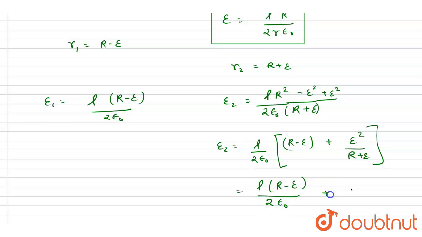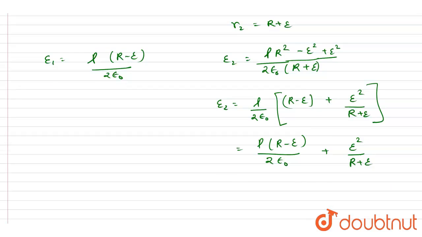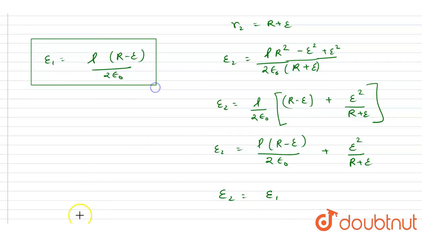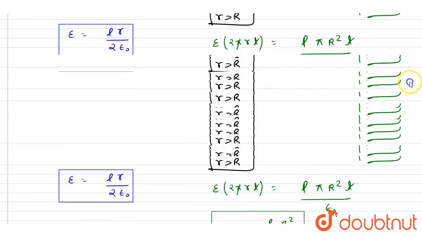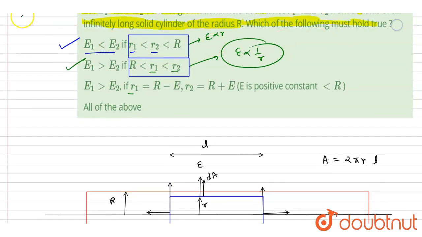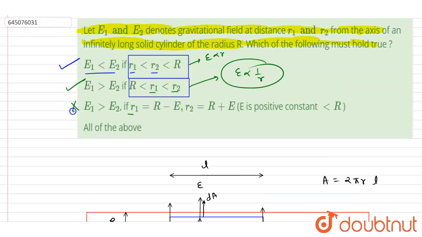So we added something to E1. So E2 is equal to E1 plus c square by R plus c. So here E2 is more. So C will be incorrect, E2 will be more here. So A and B are the correct options.